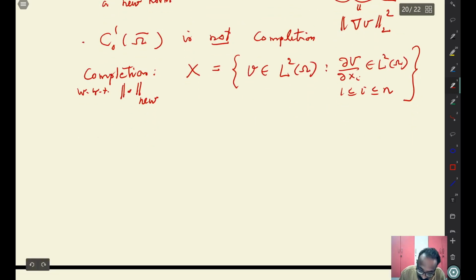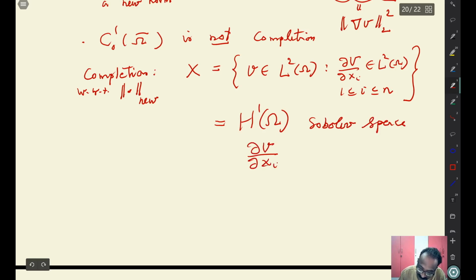This is called H1 of omega, the Sobolev space, and dv by dxi is in the sense of distribution. Because these are L2 functions, you can define them as distributions. So that's the space you are looking at.